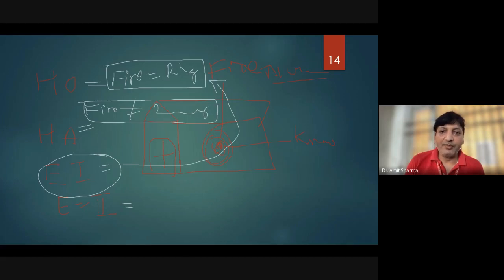The house was burning with the fire, but the alarm was not ringing, or due to some reason there was no electricity, or due to some technical error the alarm was not ringing and the house burned down. So we can say that a type 1 error has occurred, because the alarm was not working while the house was burning.